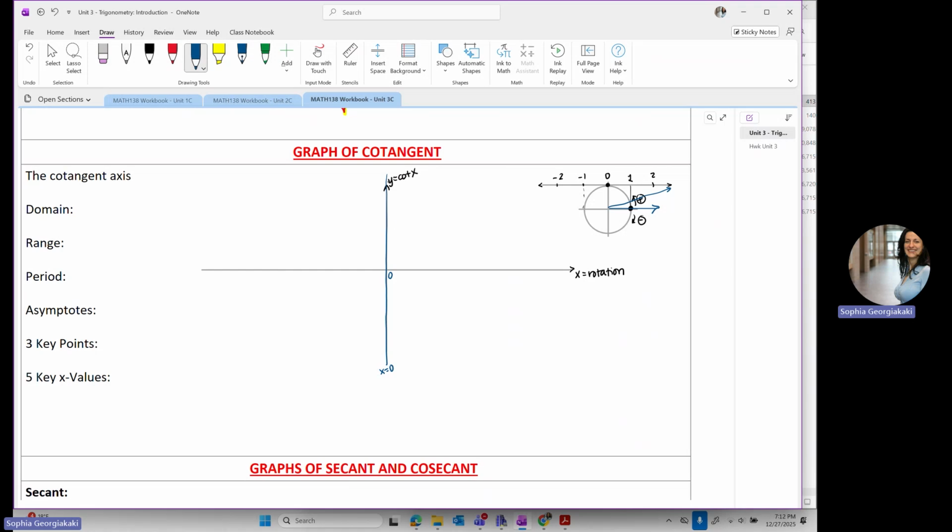So on the right of 0, as I start having positive rotations, I'm coming down from the asymptote with a positive cotangent at very large values. And then when I hit 45 degrees, I'm going to be at the diagonal of this 1 by 1 square created in the fourth quadrant. So I will have a point, pi over 4 with 1.